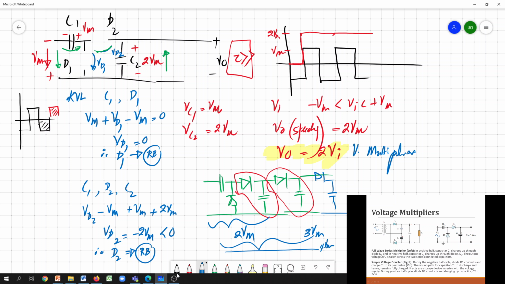What I want to highlight here is that by this kind of diode capacitor arrangement, you can get multiplications of your input. It depends on the way you place these diodes and capacitors. Ideally you can get the exact output by analyzing the circuit. You can find different types of multipliers with different arrangements of diodes and capacitors.